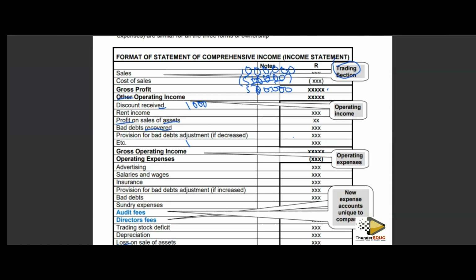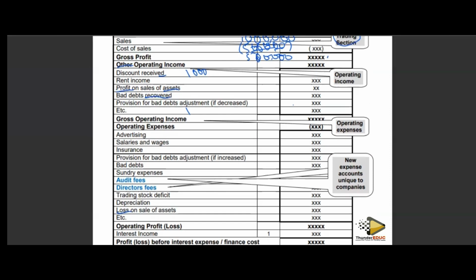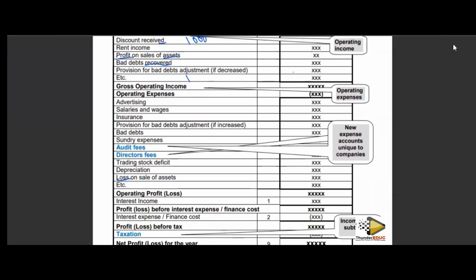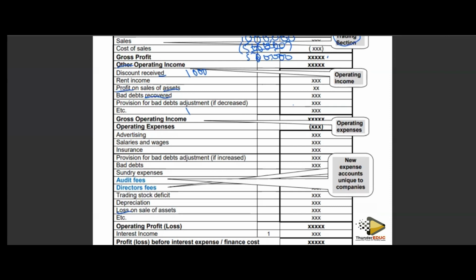So any income which the business receives, talk about interest income, interest income goes here. But dividends, if we receive dividends, we shall see them. So all that income will come under other income. So we shall see that as we proceed, okay? Right.